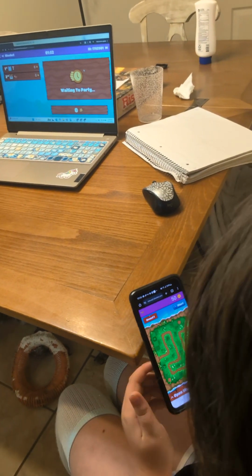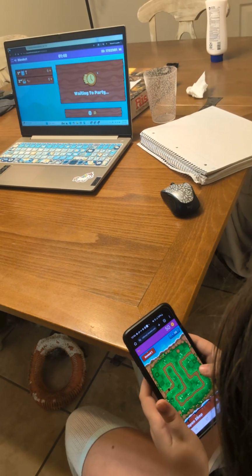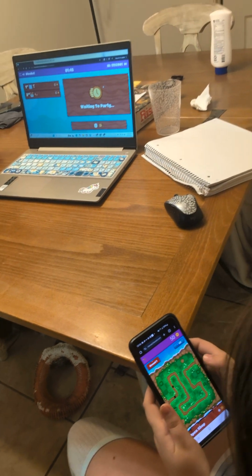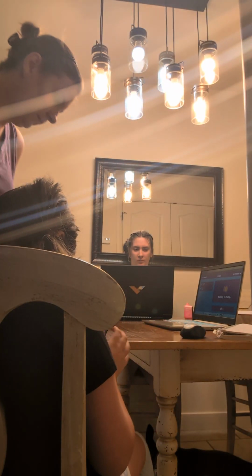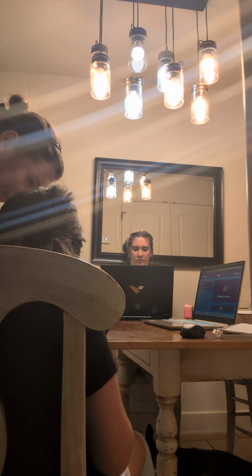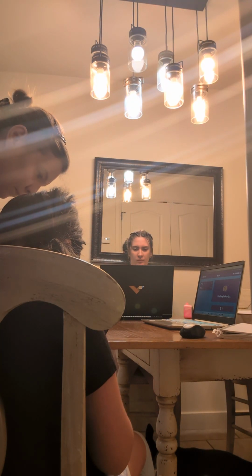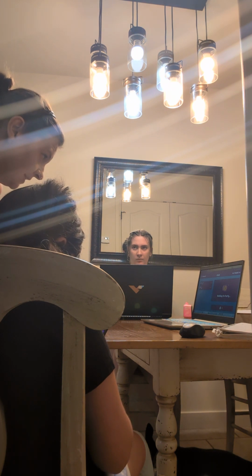This is what it looks like on her end. We're playing the tower defense one. They have different choices. I never really understood how to play the tower defense one.